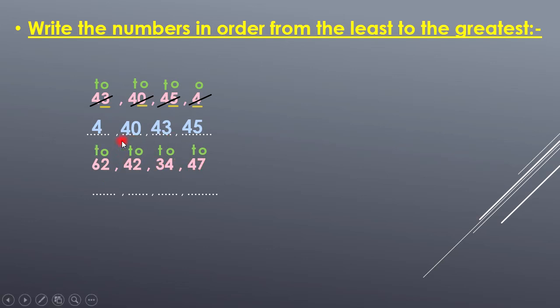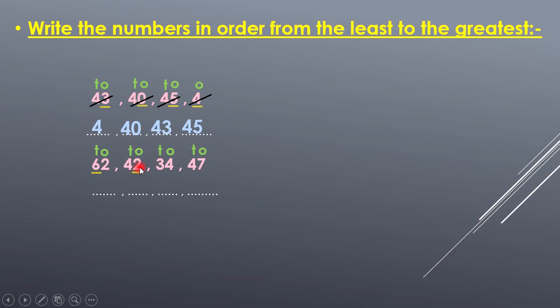Here I have 6 in the tens digit, here I have 4 and here I have 4. So 42 and 47 are the same in the tens digit. When the tens digits are the same, we look to the ones digit.